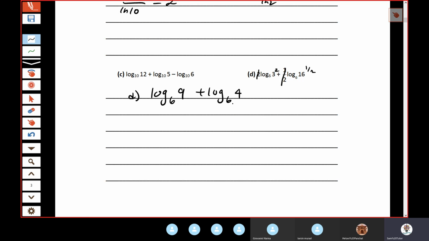And then, same sub bases. 9 times 4 is 36. ln 36 on ln 6. That should also get you 2.